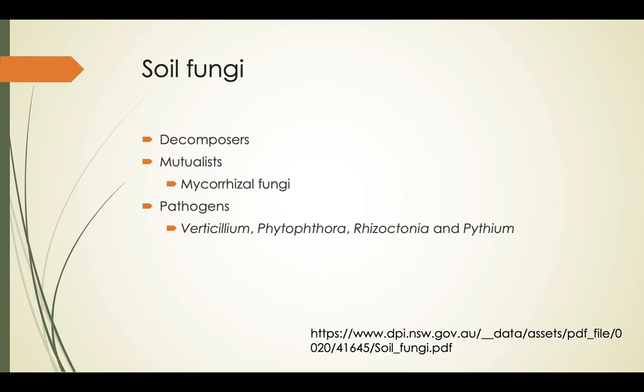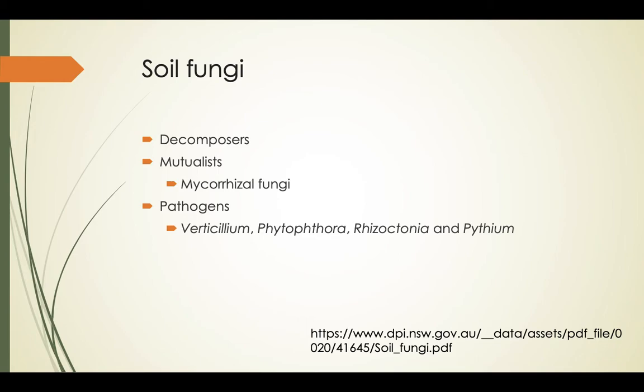Saprophytic fungi convert dead organic matter into fungal biomass, as well as carbon dioxide and organic acids. They secrete exoenzymes that degrade the dead organic material. They're essential for the decomposition of cellulose-based materials, very woody material.